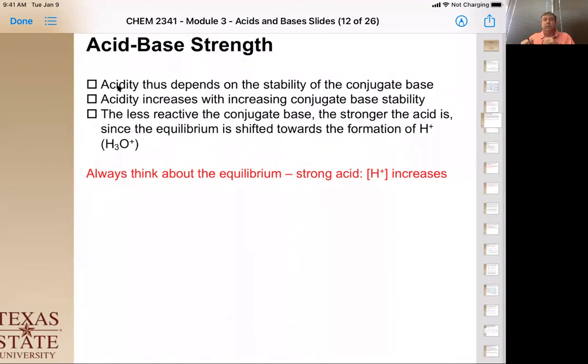Acidity increases with increasing conjugate base stability, which means if you had something that was not stable as that conjugate base, it's not going to be very acidic. Okay. So when we think about these equilibriums, think that strong acid, you're going to go from that strongest acid to the weakest acid in our system.